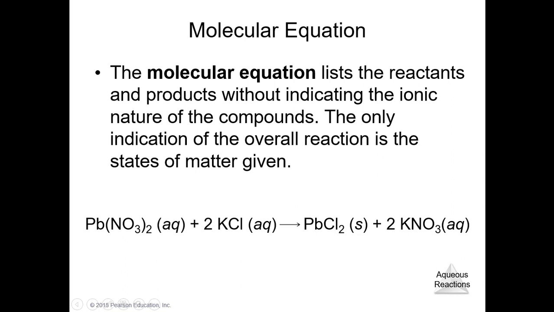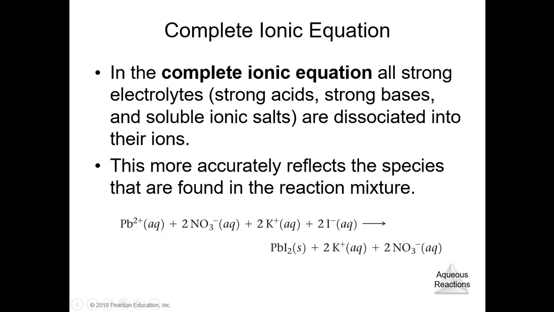So you break all the components into ions, except solid, liquid, gas. You break this compound into its ions, this one too, but you leave this compound as such. You don't break it into ions. So let's see what I'm talking about. You break lead nitrate, you have Pb2+, NO3-, potassium iodide, and then lead iodide you don't break, you leave it as such.